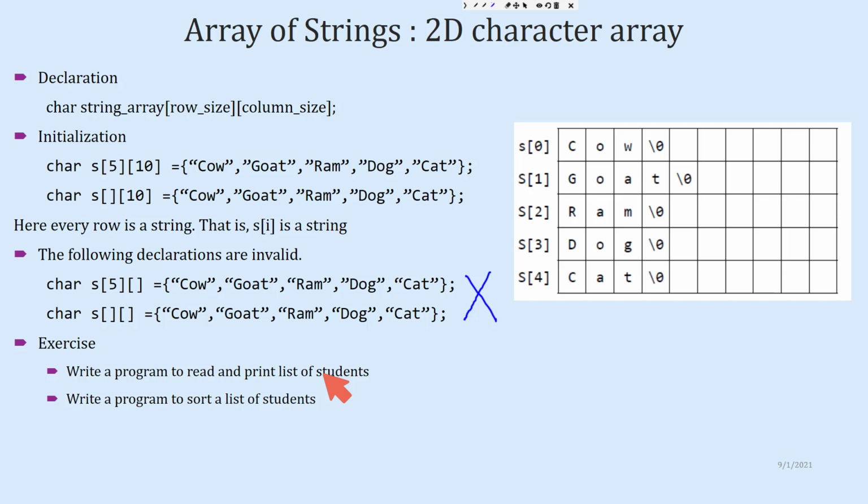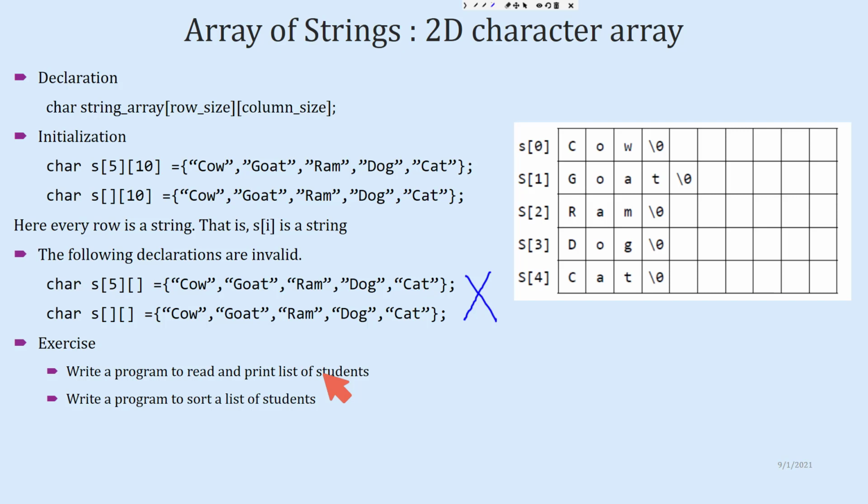In the first row, we are going to store the first string. In the second row, we are going to store the second string. That means in the index position 1, we store the second string, and we continue like that. If I have a two-dimensional array S, S of 0 denotes the entire first row.